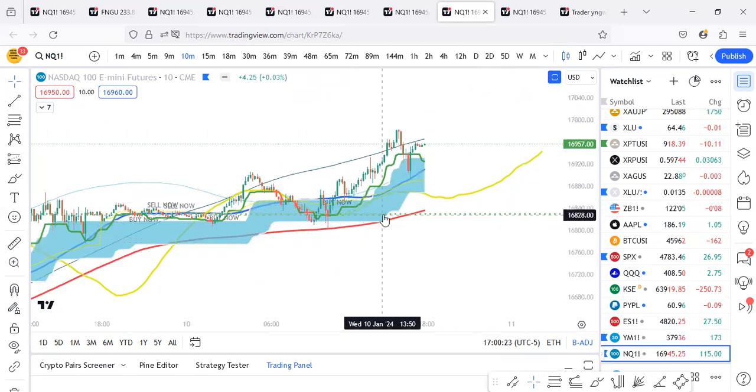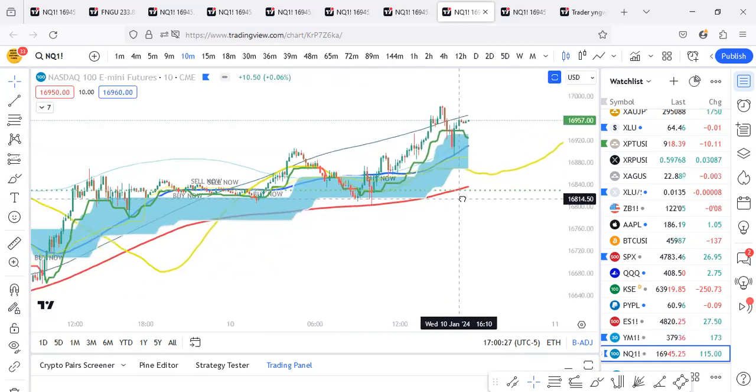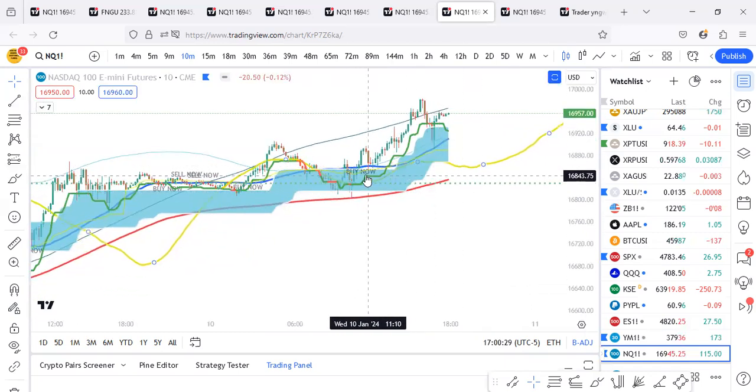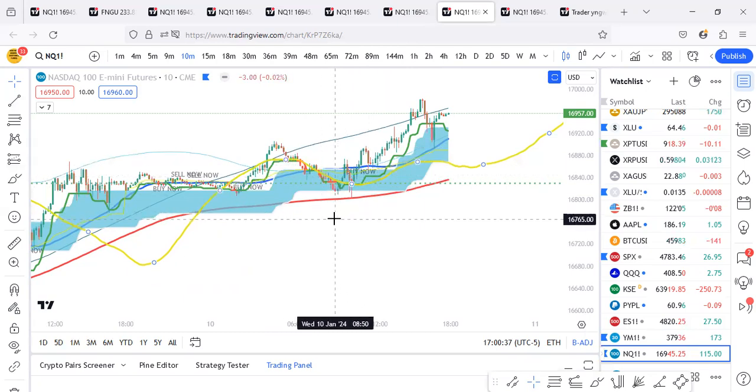Nowadays, I'm mostly using the river or cloud because it's very visual. It gives a shout out like buy now above the cloud. And during the New York session, the moves are gettable and catchable. So that's how I trade.